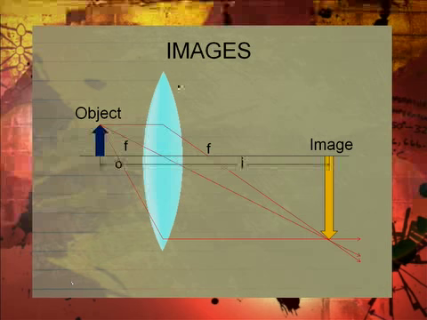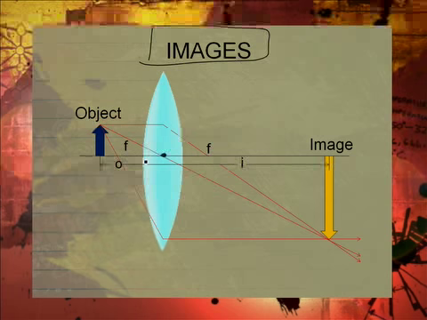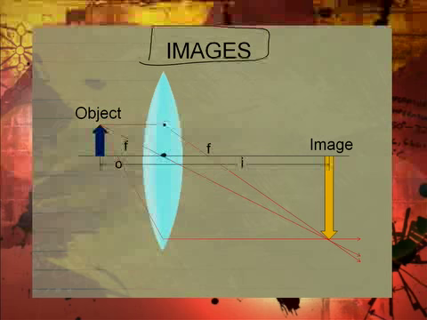Now here it's a convex lens, showing how the image is formed. Look, straight here at the center we've got the optical center. There is the light ray there. Up there it is converged to a point.